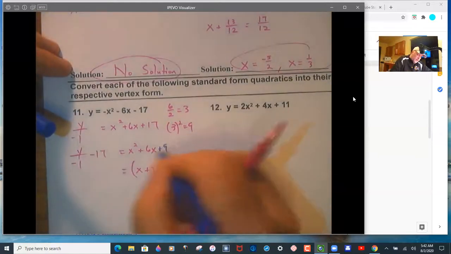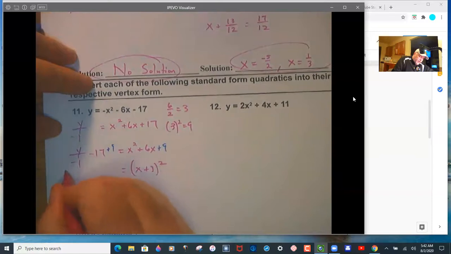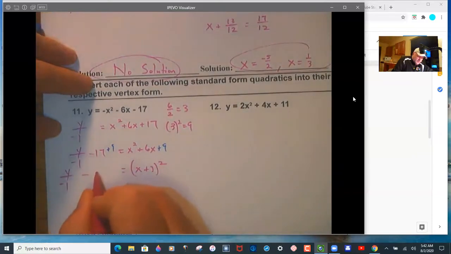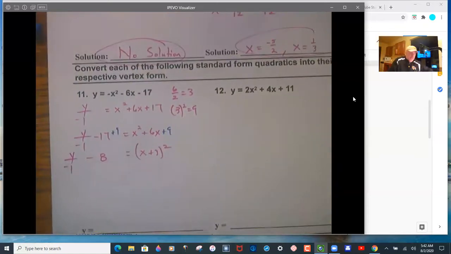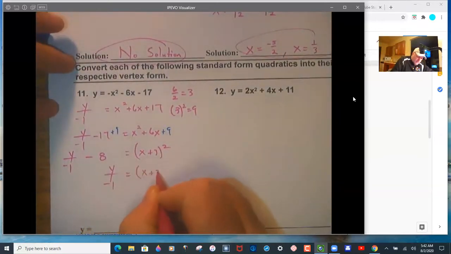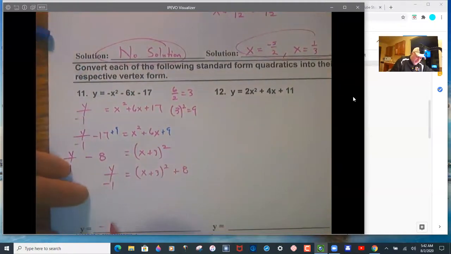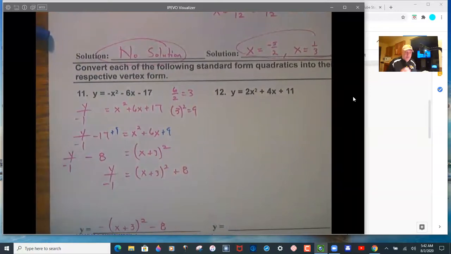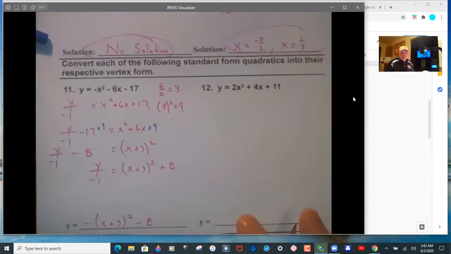I should show the plus 9 back here. So y over -1 minus 8. So add 8. And now we want to multiply everything by -1. So it's going to put a negative in front of both the x plus 3 squared and the 8.